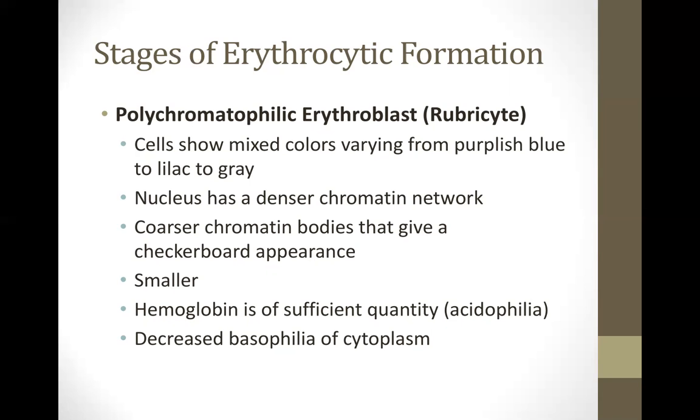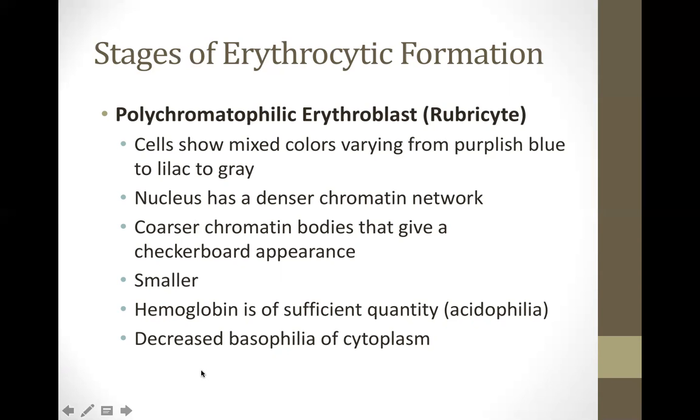The nucleus here has a denser chromatin network. It is smaller. The coarser chromatin bodies will give a checkerboard appearance. That's your clue. The hemoglobin is of sufficient quantity at this point. And there is decreased basophilia. Now, look, at the rubricyte level, pababa na yung basophilia niya, tumataas na yung acidophilia niya or hemoglobin. No, not really mataas, sufficient lang ang quantity.